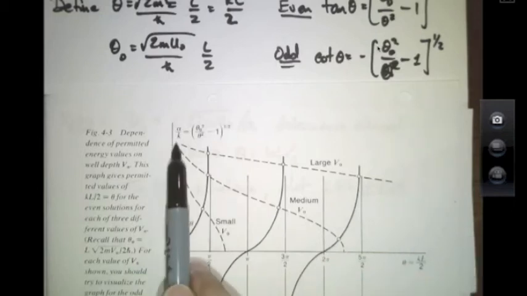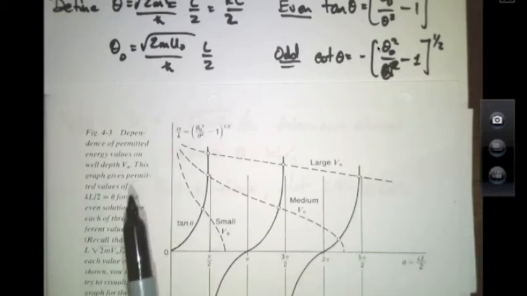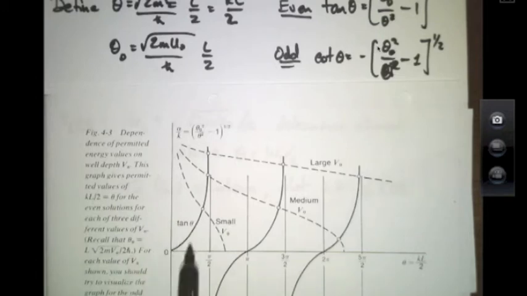So this represents the graph of the function alpha over k. Notice that there's always at least one bound state, because no matter how quickly this thing dives down, it will cross the tangent theta graph in one place at least.